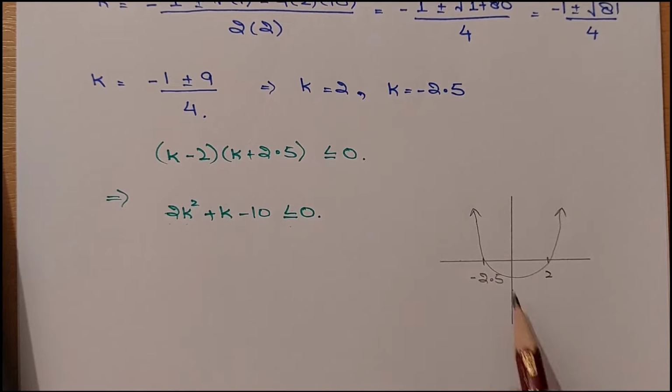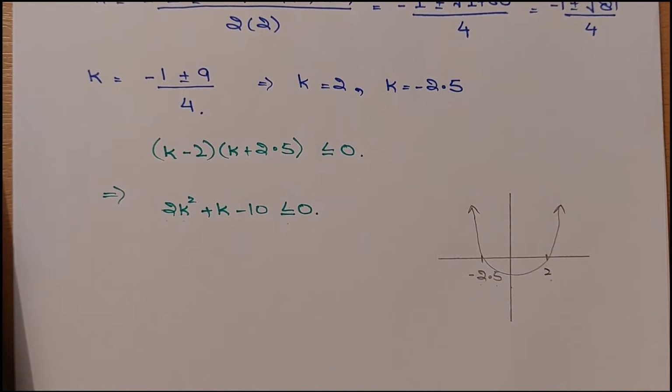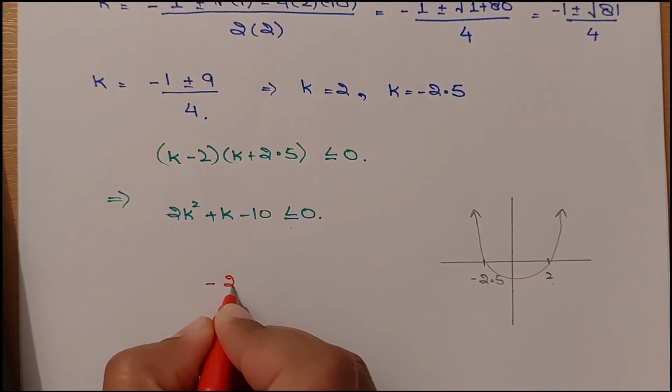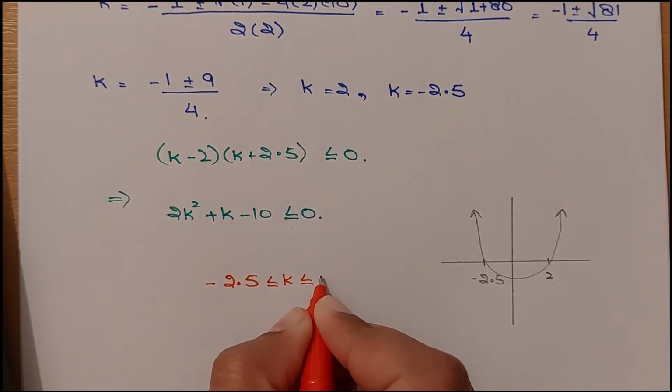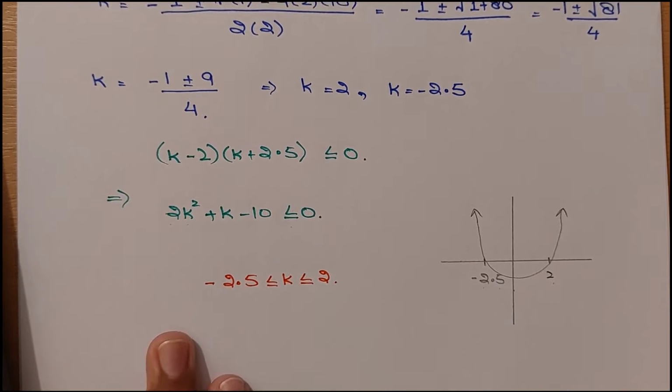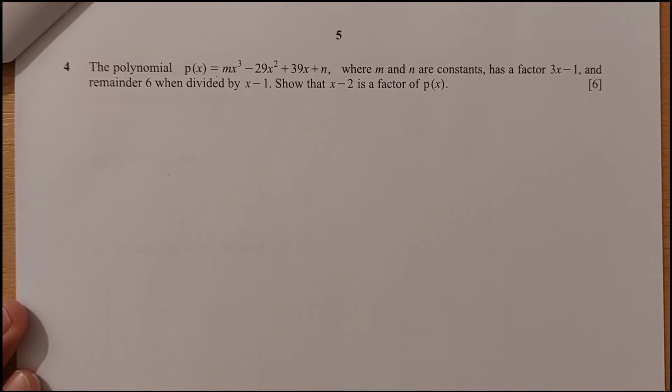The negative portion is downward when the k value is between minus 2.5 and 2. So we can say that the inequality is minus 2.5 less than or equal to k less than or equal to 2. So these are the values of constant k for which the given equation has real roots.